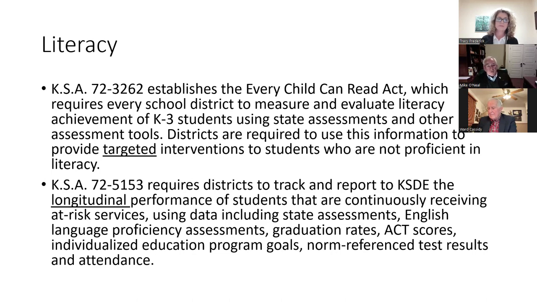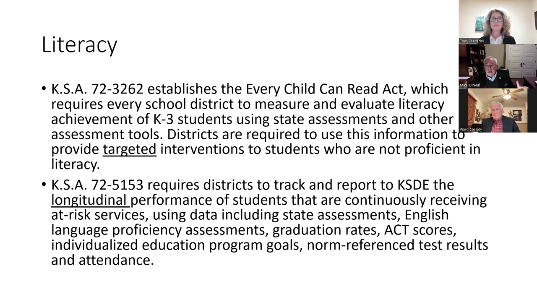KSA 72-5153 requires districts to track and report to the department the longitudinal performance of students that are continuously receiving at-risk services. I think everybody probably understands what longitudinal performance means. This is not just looking at a class from year to year. This is looking at individual students from year to year.